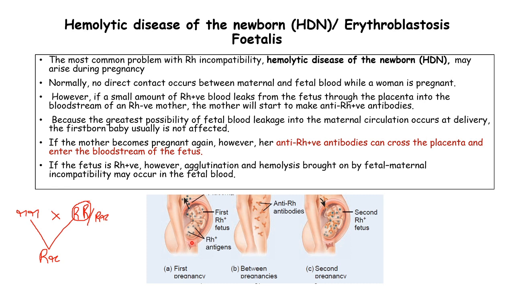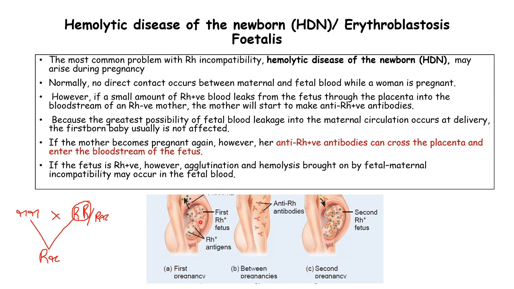The child will not be affected because there is no mixing of blood. But at the time of parturition, some amount of blood will be mixed, and the mixing does not affect the first child because the child is already at the stage of delivery, and that mixing of blood is not going to cause any harm to the first baby. So the first baby will not suffer any complications.